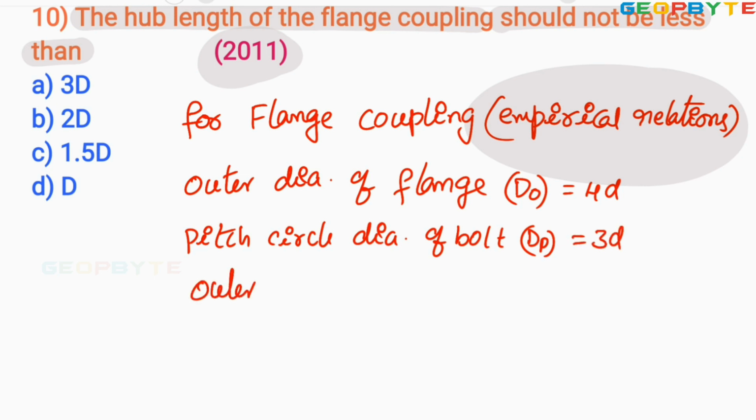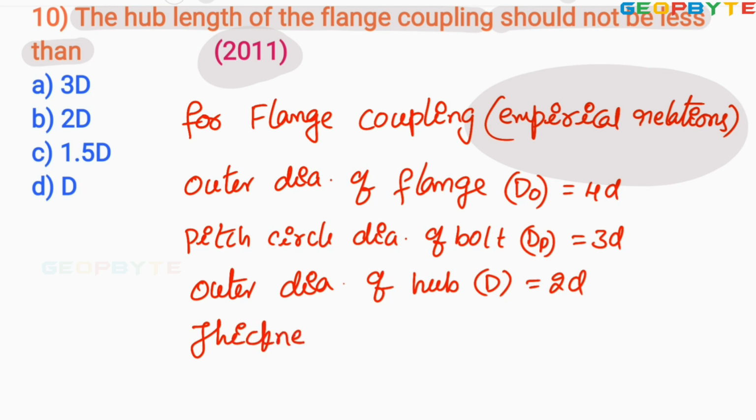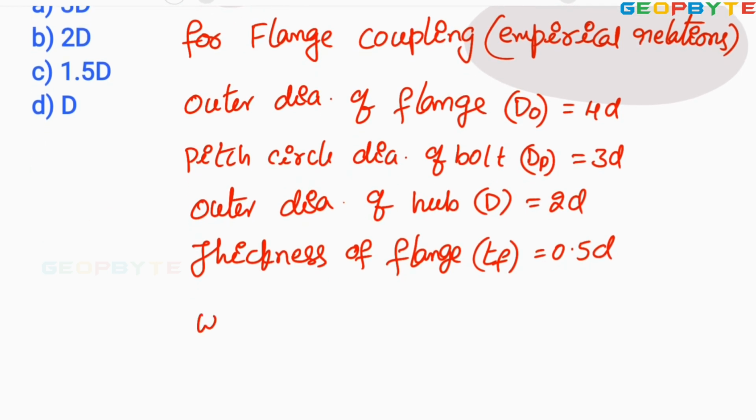Outer diameter of the hub equal to 2d, and thickness of the flange tf equal to 0.5d, where d equal to shaft diameter.